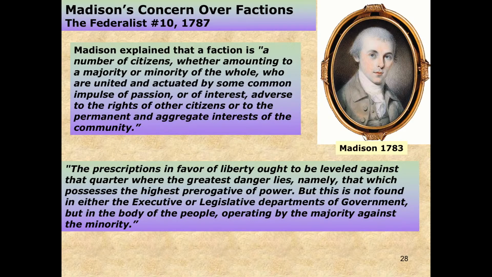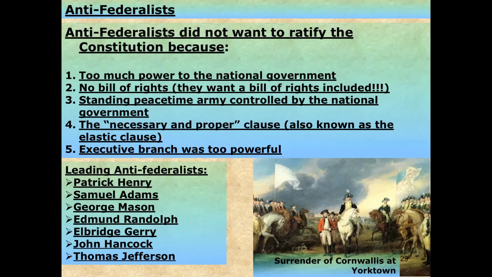Squad number 2's got something to say in return. Squad 2 is the Anti-Federalists. Now, these guys are made up of your extremely hardcore revolutionaries back in the day. You've got people like Samuel Adams, John Hancock. Even though Thomas Jefferson's not present, he sure as hell knows what's going on.